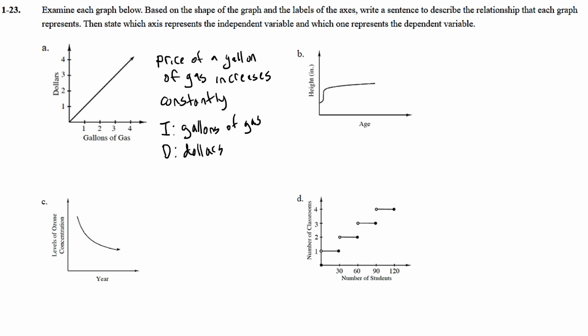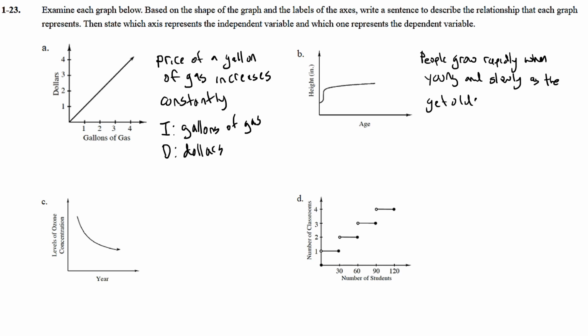Okay, B is age and the height. So it seems like I would say people grow rapidly when young and slowly as they get older.